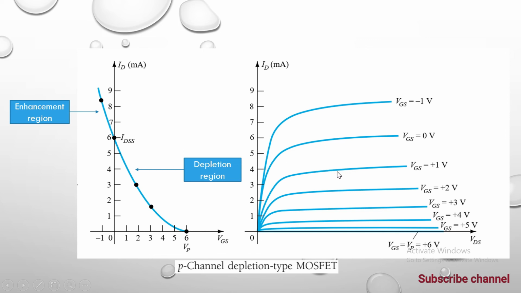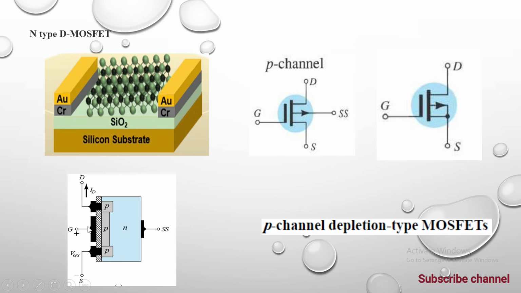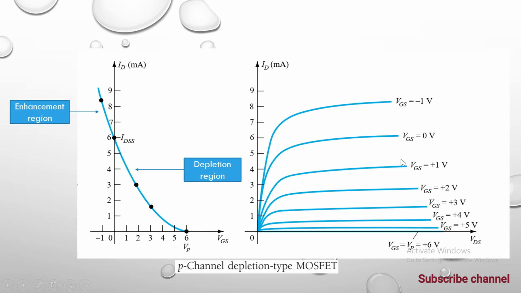But when we make the value of VGS positive, when we apply a positive gate to source voltage, electrons will be attracted towards the p region, and hole and electron recombination will occur, and the value of IDS will decrease.